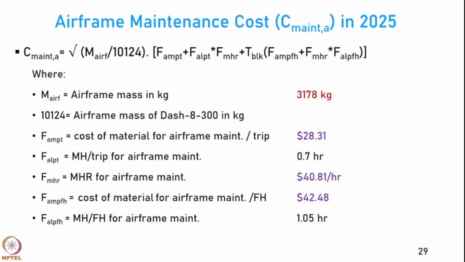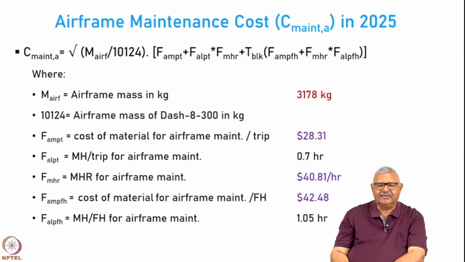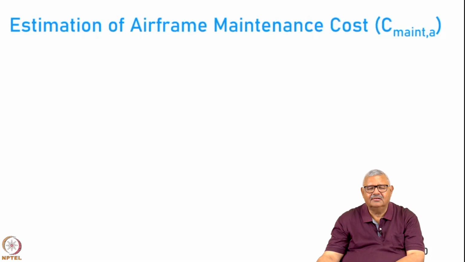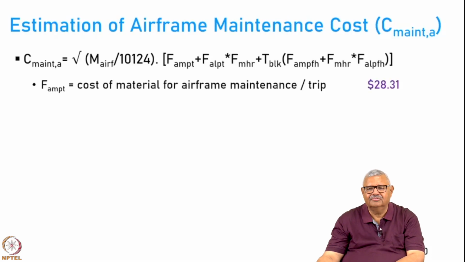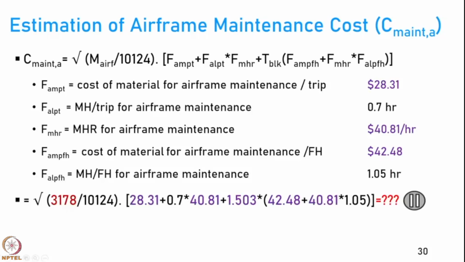So, again the formula for maintenance is repeated, and now we are inserting the numbers which are applicable to our aircraft. I won't like to read all of them out. You can actually pause the video and have a look at these numbers, and therefore, if you calculate the value, you can see one by one these numbers are coming, and then you have the formula. So, 3178 is the airframe weight of Dornier 228 as against 10124 for Dash 8 300.